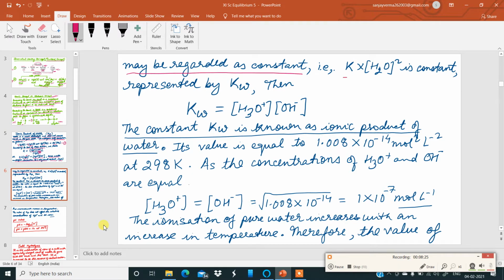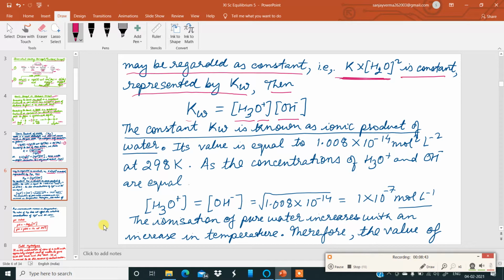That is, this term K multiplied by the concentration of water to the power of 2 is a constant, and it is represented by the symbol KW. Therefore, KW is equal to the product of the concentration of hydronium ion and hydroxyl ion.